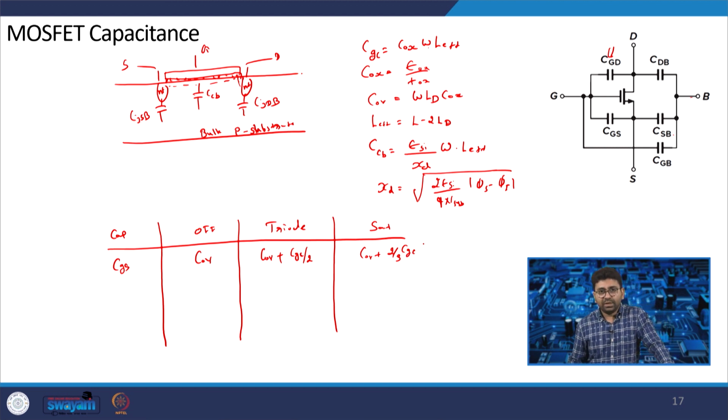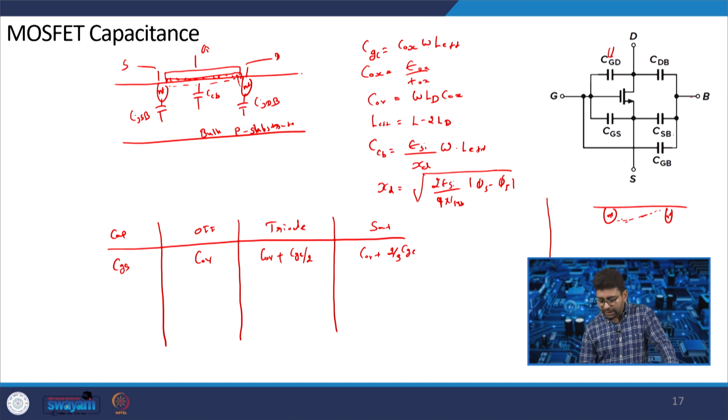How did this 2/3 come? During saturation, in the channel a pinch off will occur, and due to that pinch off there are more electrons at the source side and fewer electrons at the drain side.